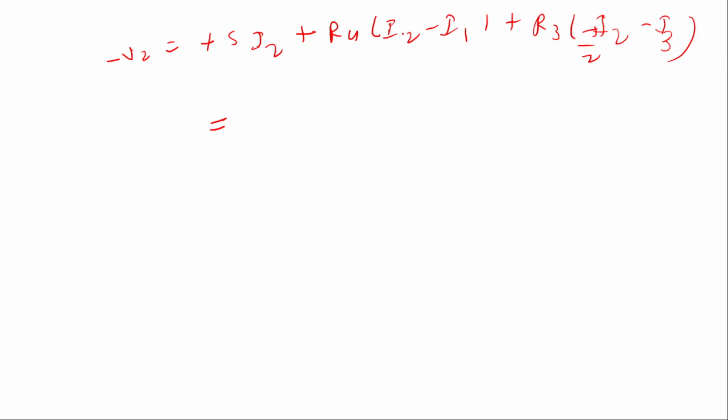So it will become minus R4 times I1 plus, the R3 I2 terms we can combine, 5 plus R4 plus R3 times I2, minus R3 times I3 equals minus V2.